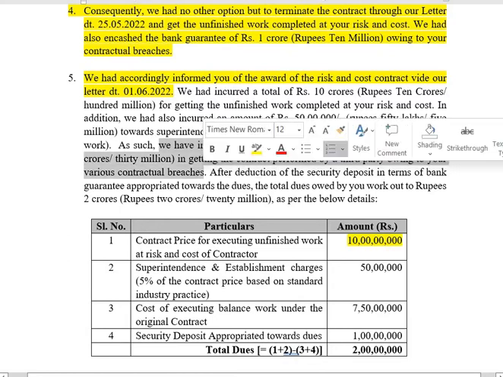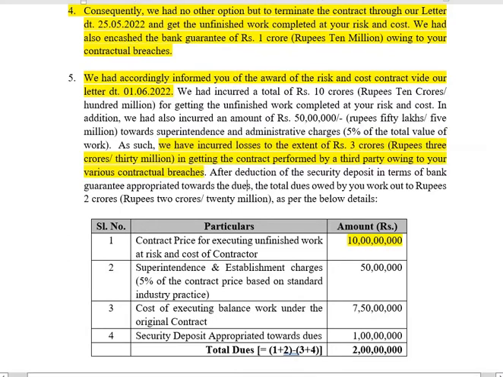Now coming back to the notice, it says, after deduction of the security deposit in terms of bank guarantee appropriated towards the dues, the total dues owed by you work out to rupees 2 crores as per the below details. So serial number 1 is the contract price for executing the unfinished work at the risk and cost of the contractor, which is 10 crores.